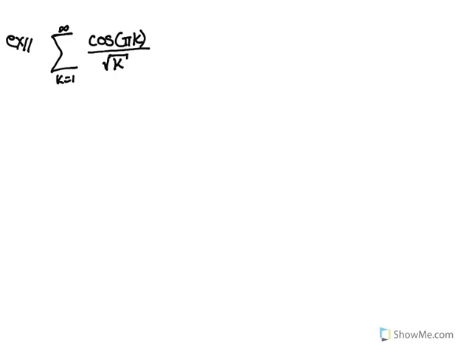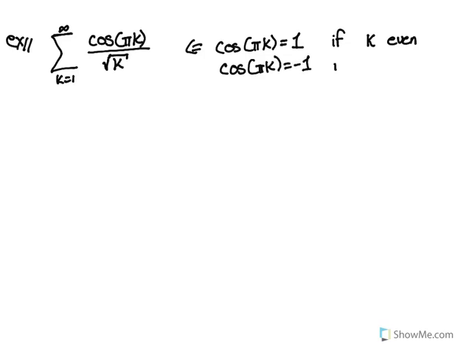Now, right off the bat, this does not look like an alternating series, but note that cosine(pi k) is equal to 1 if k is even, and otherwise it's equal to minus 1 if k is odd.